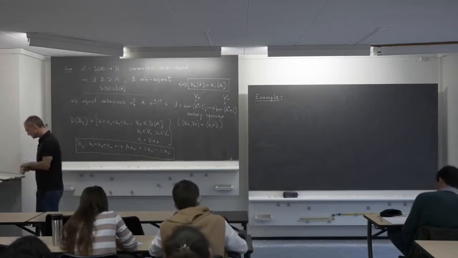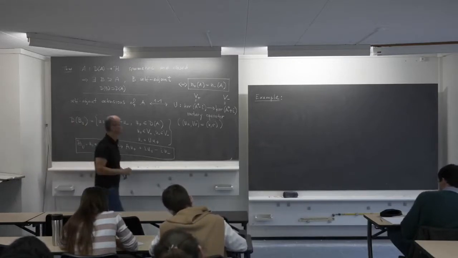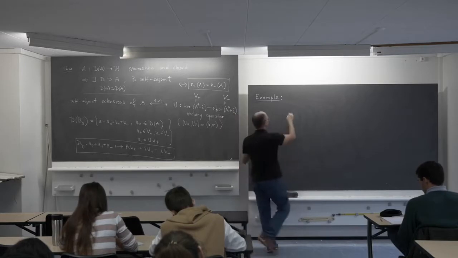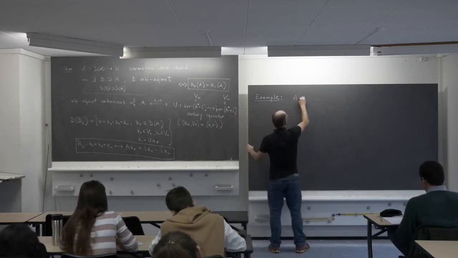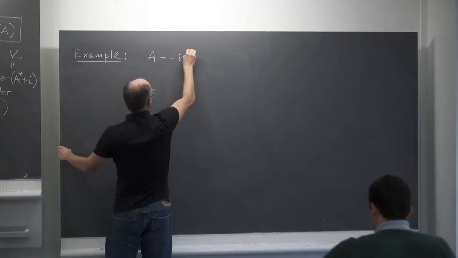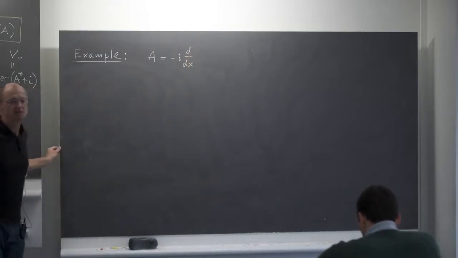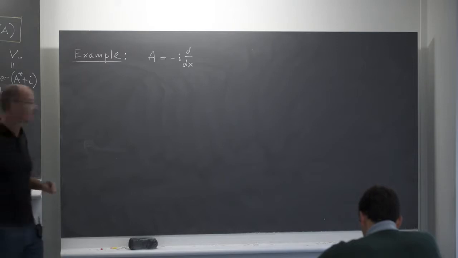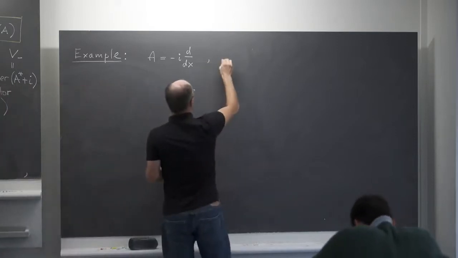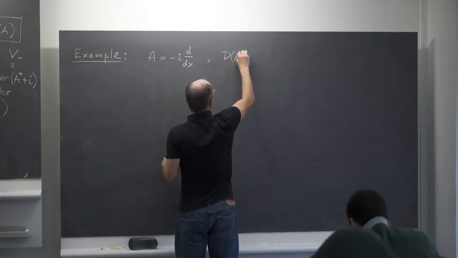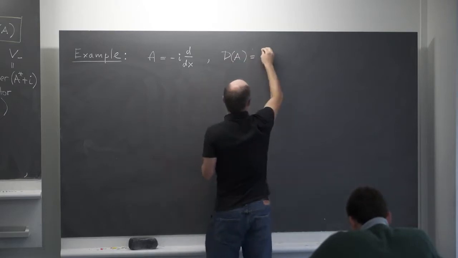All right, so an example. Well, my usual example is A, an operator minus i d over dx. Now, of course, the question is, what's the domain?